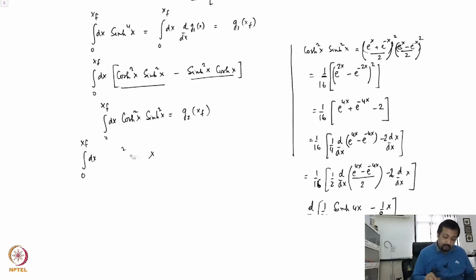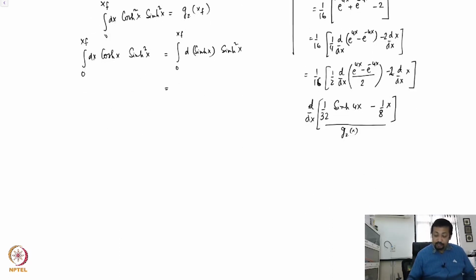Let's just change the order over here to write it as cos x sine square x, which means 0 to xf d of sine hyperbolic x times sine square x, and this is going to be sine hyperbolic whole cube xf, 1 by 3.